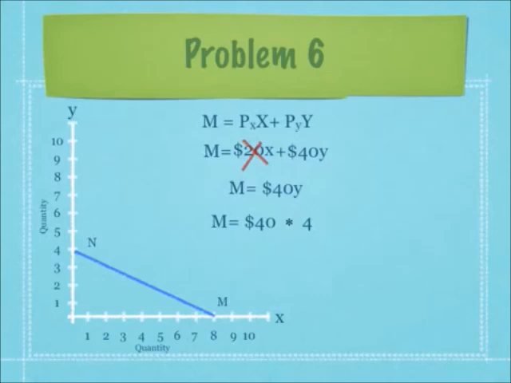And the 4 comes from, if X is 0, I'm not buying any X, I buy all Y. That's where the 4 comes from. My income is $160. I could do it this way too: if I just bought all X, and the price of X is $20, and I buy all X and 0 Y, I can buy 8 X's, which means we have $160.